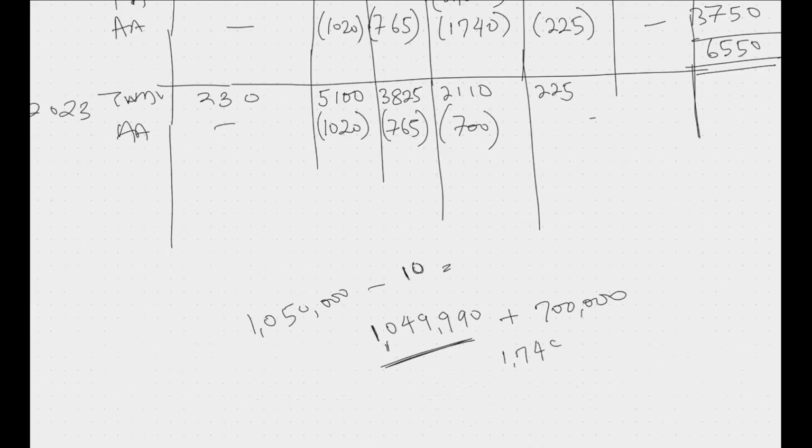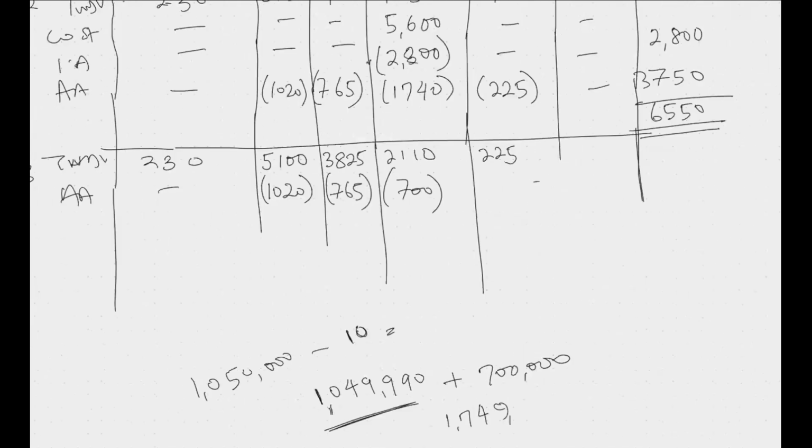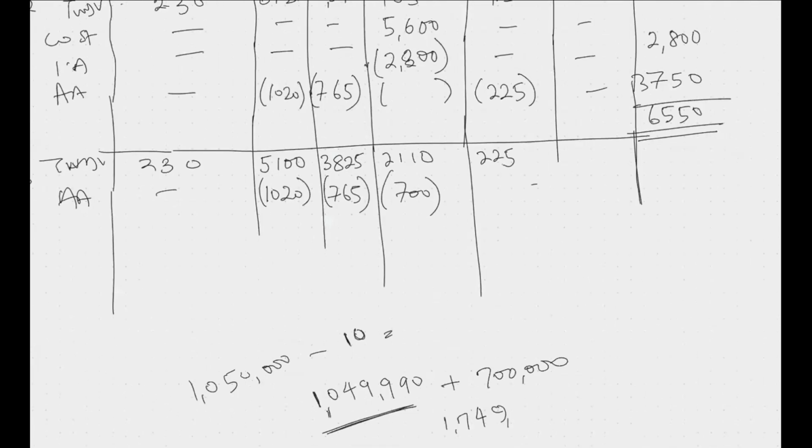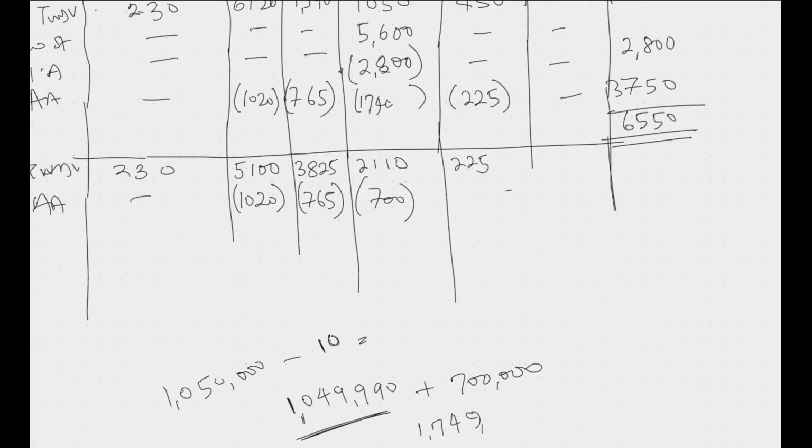Abi? Yes, sir. Do you understand what I'm doing? Yes. Good. So it will be 1, 7, 4, 9. Let me write that very well. 0.9, abi?